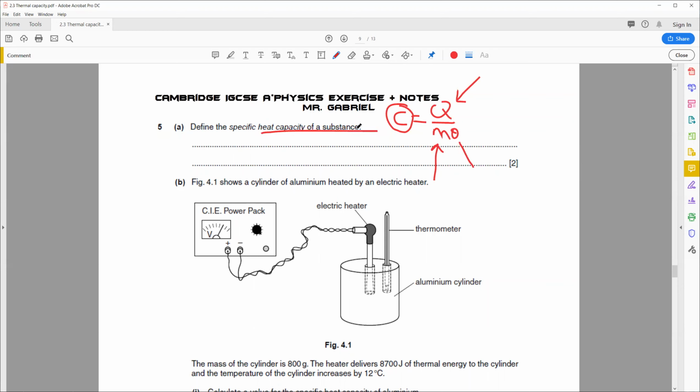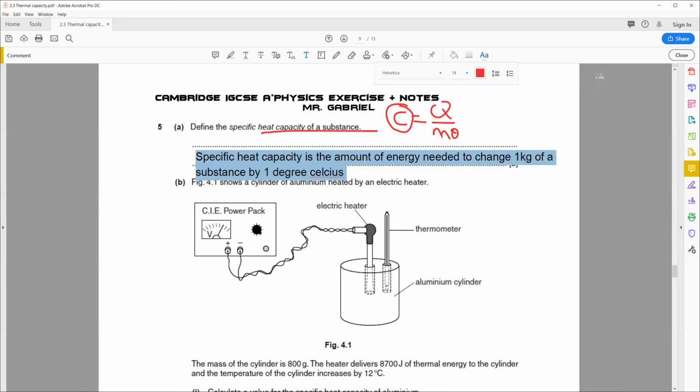Excellent, guys. Always remember you're supposed to define it according to the formula itself, guys. Specific heat capacity is the amount of energy needed to change 1 kg of a substance by 1 degree Celsius. Okay? Specific heat capacity is the amount of energy needed to change 1 kg of substance by 1 degree Celsius.